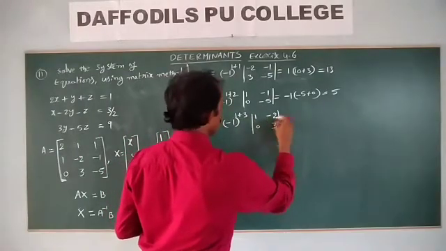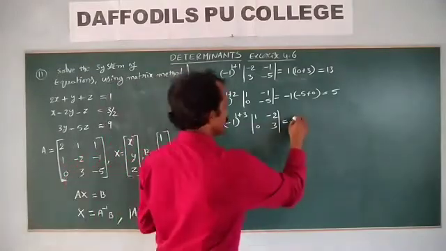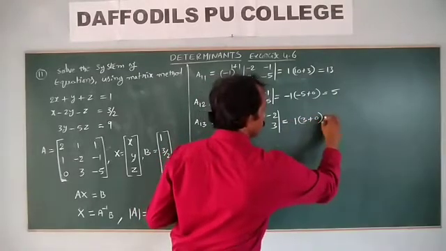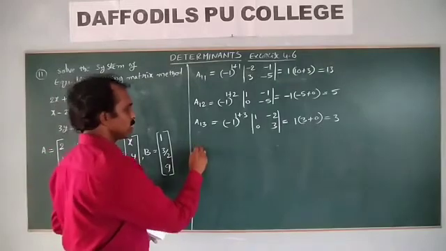Minus 1 to the power of 1 plus 3, an even number, plus 3 plus 0 is equal to 3. Next one.